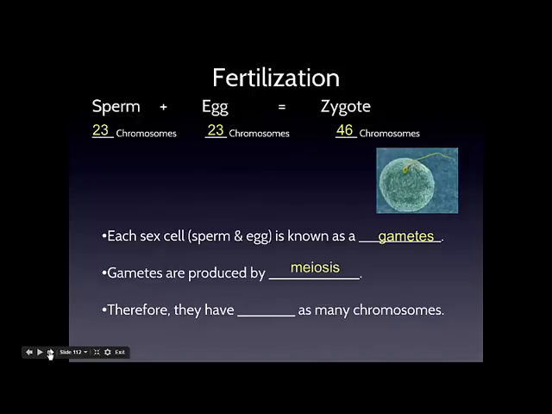Meiosis. Think about me. Meiosis produced me. And because they're made through meiosis, they have how many chromosomes compared to a normal cell? Abigail? They have half as many chromosomes as a normal body cell.